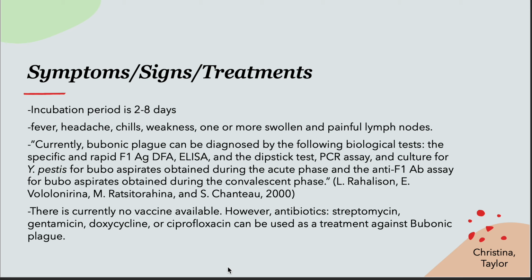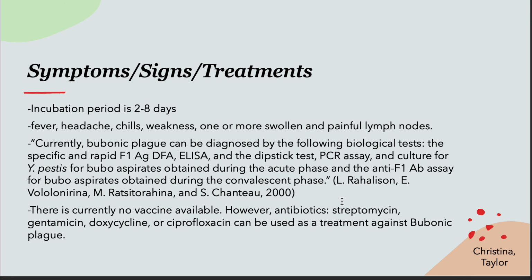The PCR test is one that we're familiar with. You can also culture Yersinia pestis from bubo aspirates during the acute phase. And there's also an anti-F1 antibody assay for bubo aspirates during the convalescent phase.